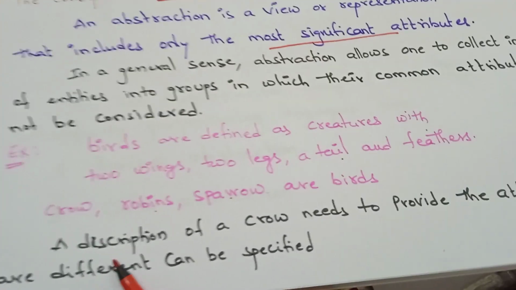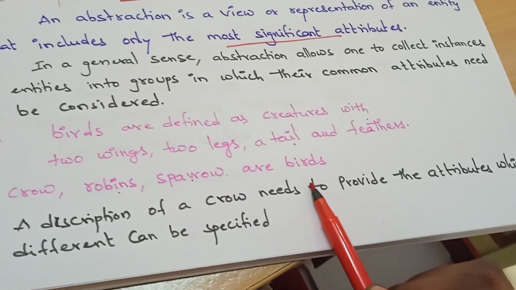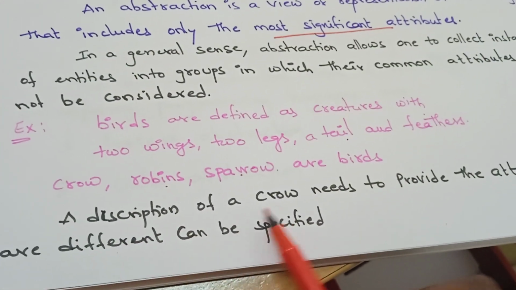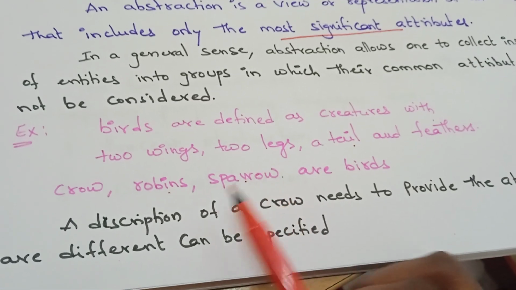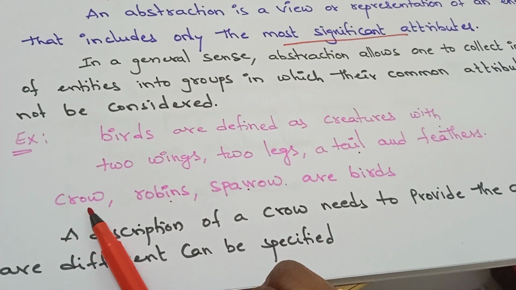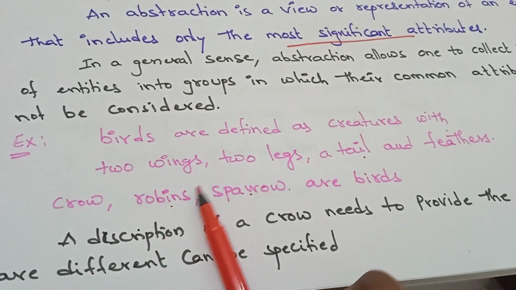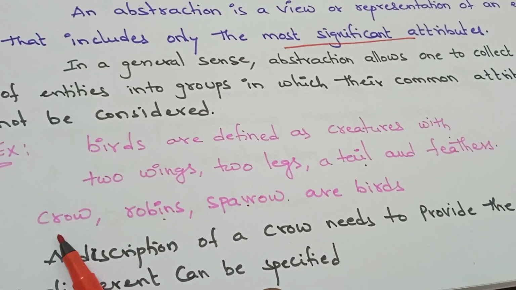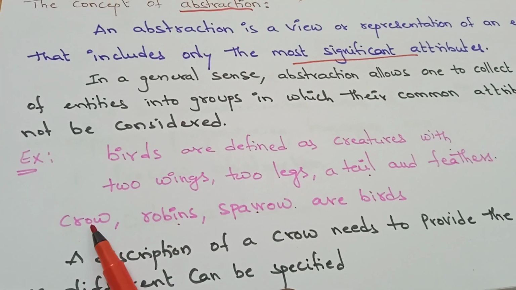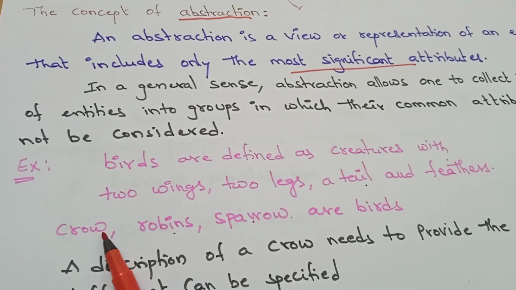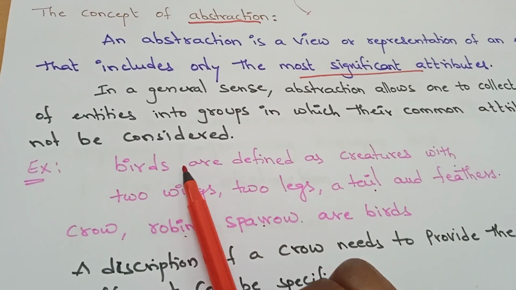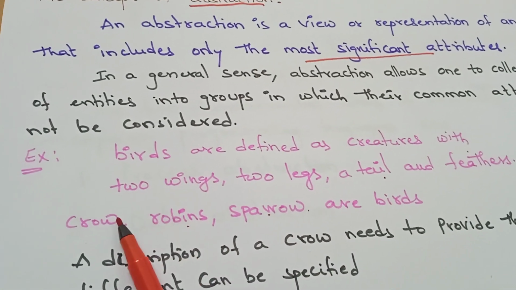Yes, a description of a crow needs to provide only the attributes which are different. That means crow size is different from all the other birds. Crow noise is different. Crow color is different. Whichever are different, only those we define. Whichever are common will be defined in one abstraction. Now it is called an abstraction.